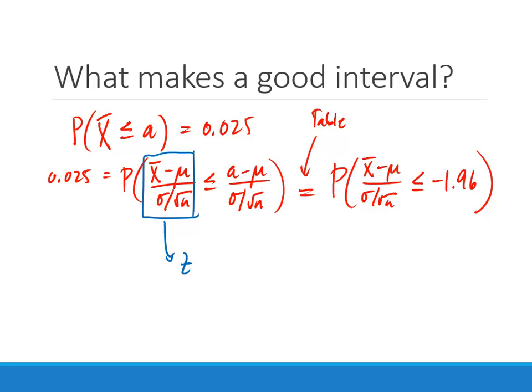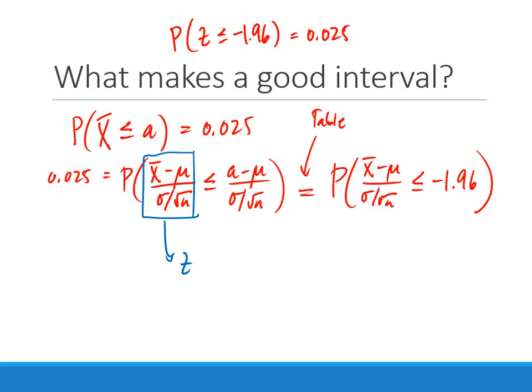If you go to the table and look up the probability that a Z is less than or equal to negative 1.96, it equals 0.025. This is going back to the same calculations you've done a number of times already on various homework assignments. Okay, so that's our first step.